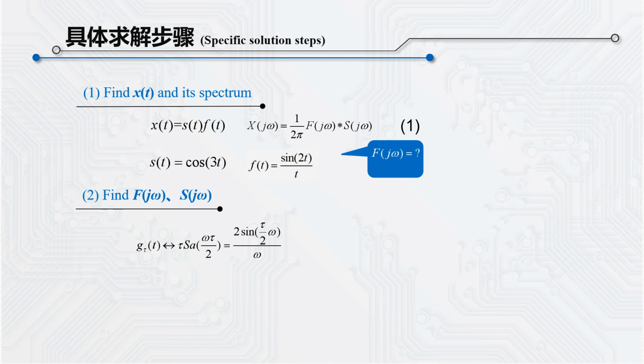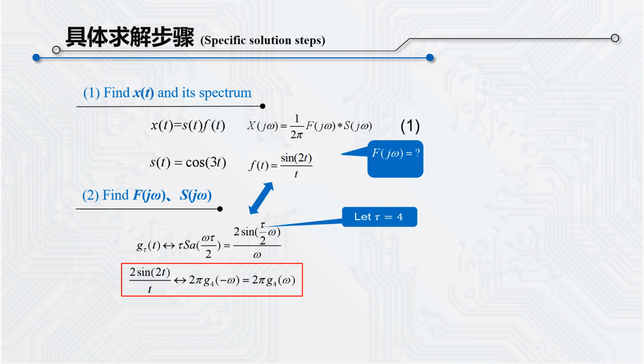You have learned that the Fourier transform of the gate function is tau times Sa of omega tau over 2. We can transform it into another form. If tau is equal to 4, then according to the symmetry of the Fourier transform, we can get that the corresponding spectrum of 2 sine 2t over t is 2 pi g4(minus omega).